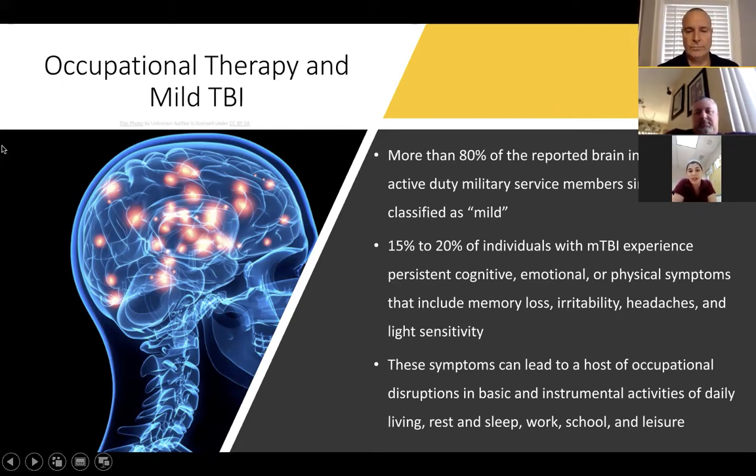In my practice, I've seen patients with mild TBIs. I end up coming across that more than I do specifically concussions. And I've seen both from the mild and even from the severe TBI, stroke and all of that.